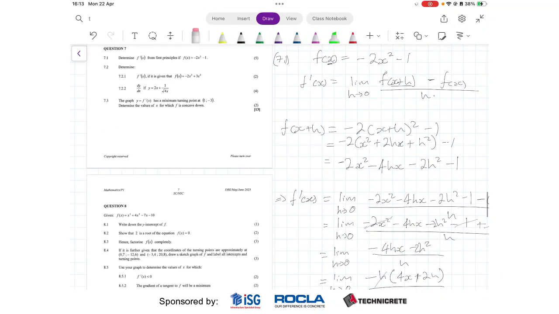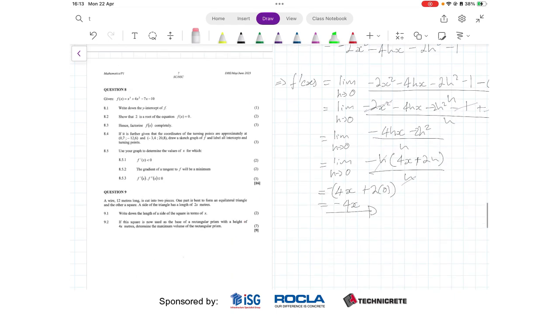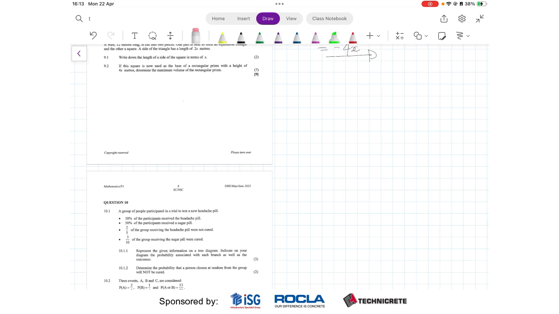Wonderful. Now 7.2 wants us to determine f prime at x if it is given that f at x is equal to minus 2x cubed plus 3x squared. That's 7.2.1. Our f at x is equal to minus 2x cubed plus 3x squared.